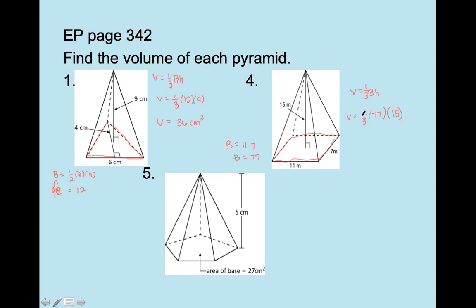So I'm going to take 1/3 and multiply it by 15. So 1/3 of 15 is 5. I multiply 5 times 77, and I end up with 385. And this time our unit is meters, so meters cubed.